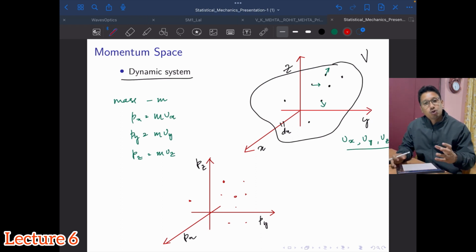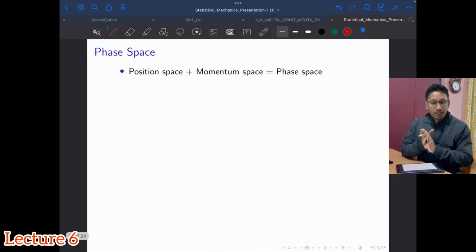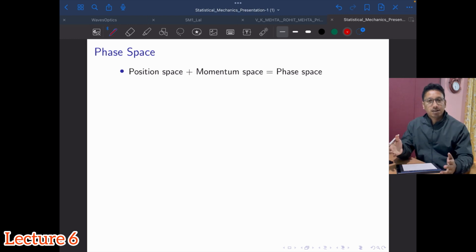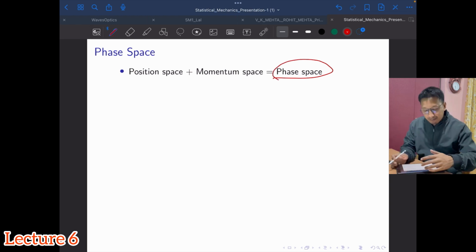But to describe the complete information about the dynamic system, I have to combine both spaces, position space as well as momentum space, and then only I will get the phase space. So to know the entire information about the dynamic system, I need what is called phase space. This is a combination of position space and momentum space.